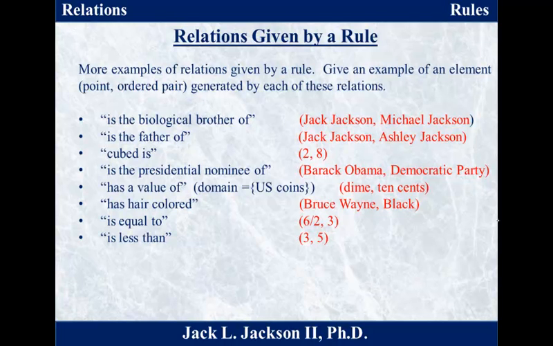Barack Obama is the presidential nominee of the Democratic Party, or at least in, say, 2012. Has a value of: dime, 10 cents. A dime has a value of 10 cents. Has hair colored: Bruce Wayne has black hair. So there's a fictional character. Okay, Batman has black hair.